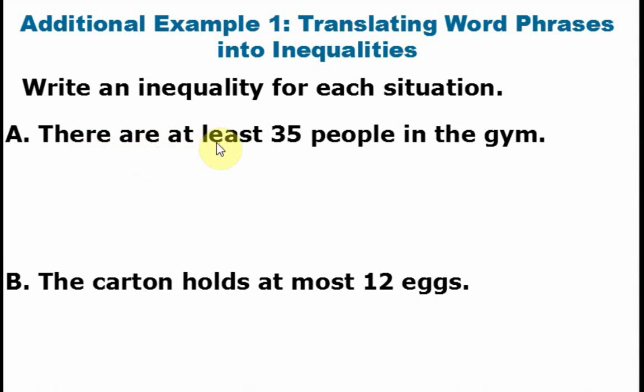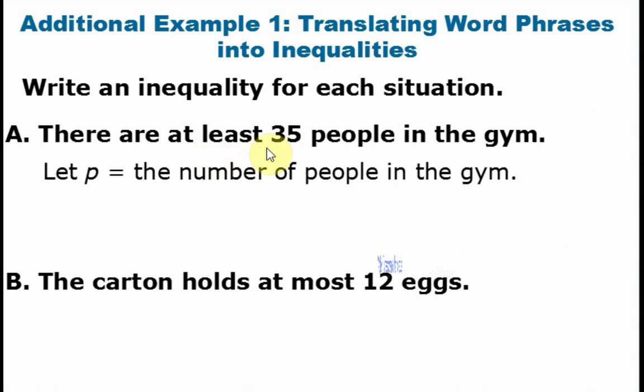There are at least 35 people in the gym. What inequality are we going to have here? Can you try it yourself and see? There are at least 35 people in the gym.